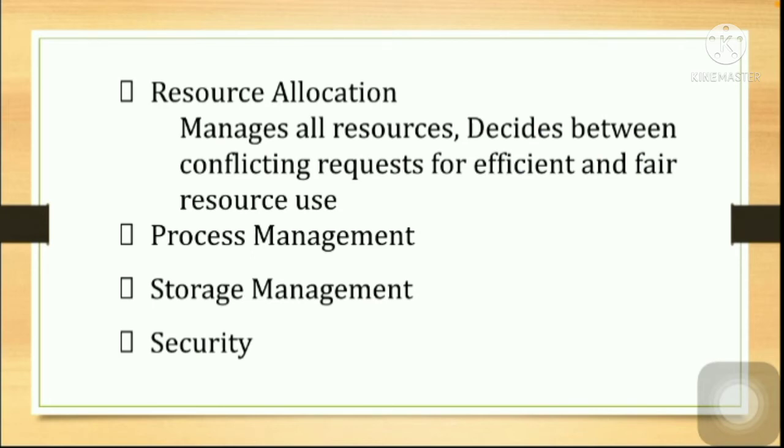If multiple users are requesting the same resource, to whom that resource is to be allocated, this decision is done by the operating system, and that's why the operating system is said to be the resource allocator.